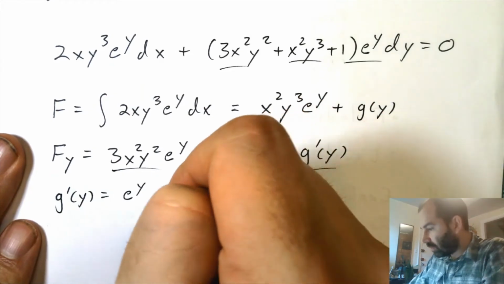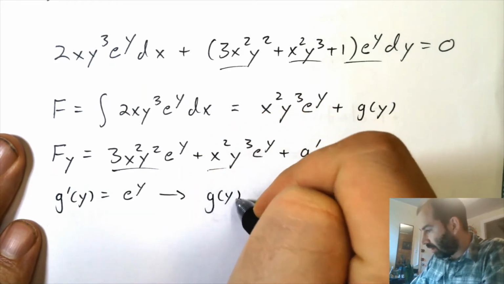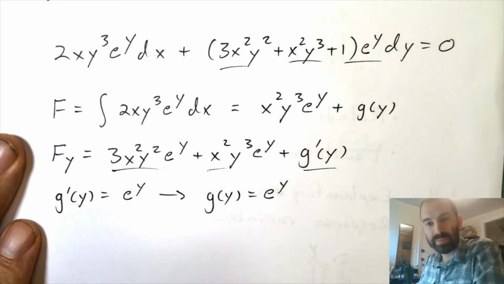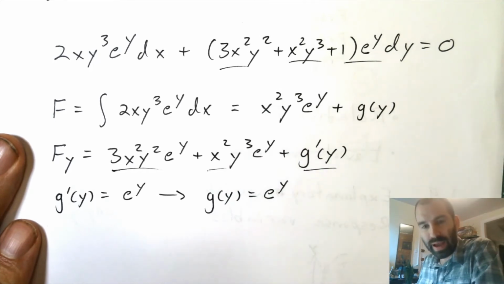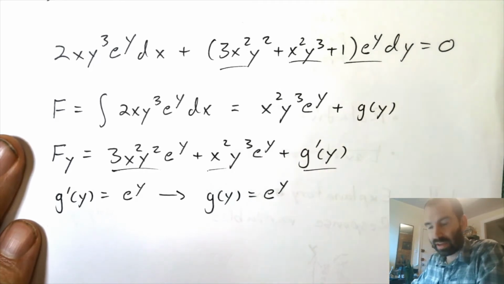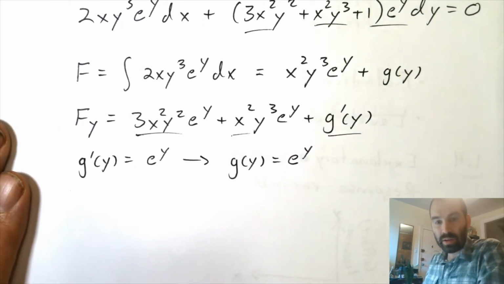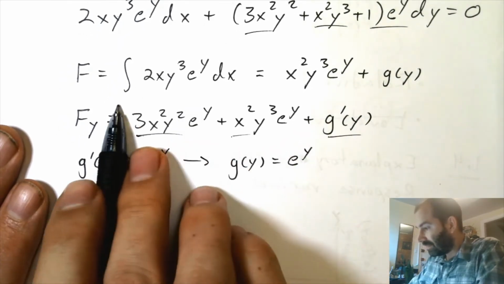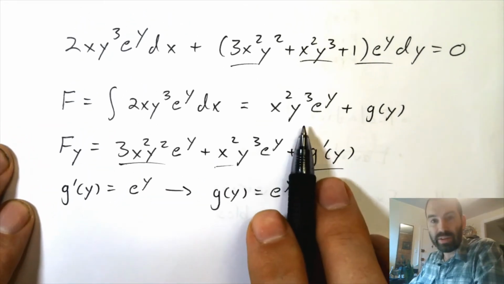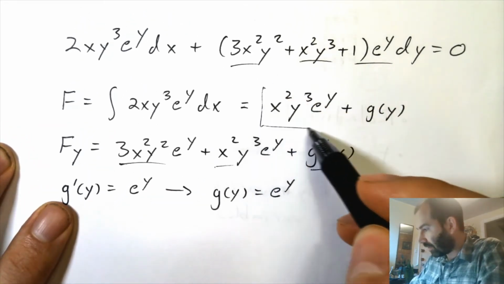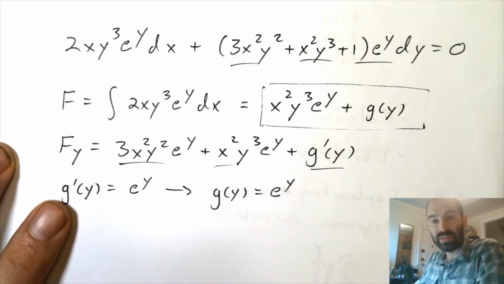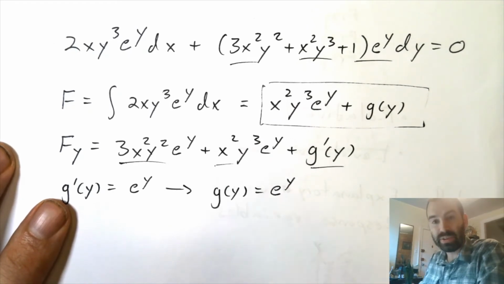So we'll just take g of y to be e to the y. And remember what we said before, adding a constant doesn't really matter here, because in the next step we're going to be setting it equal to a constant, so that'll be taken care of. So we got it. This is circling the wrong thing there. This is our function, where this is in place of g.